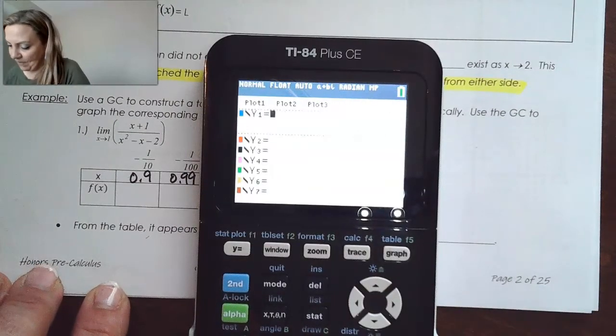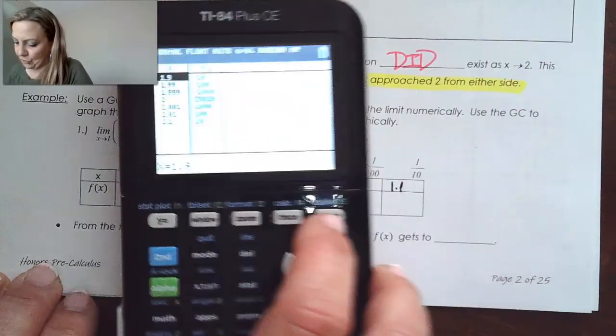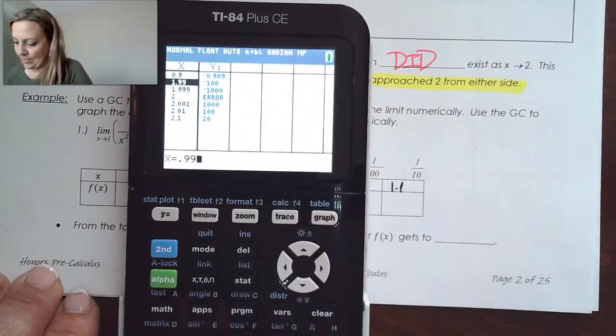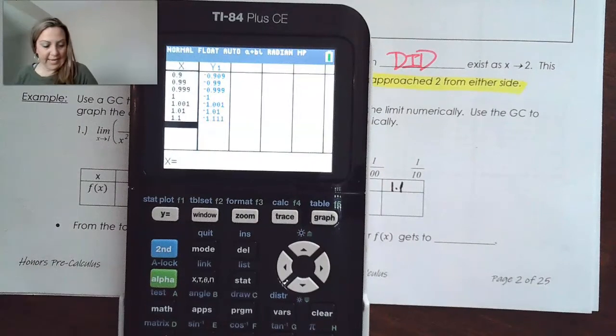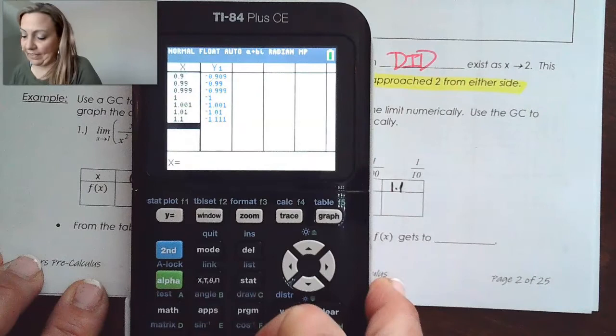So I can change the function in here to x plus 1 over x squared minus x minus 2. And then in my table, I'll just change these values to 0.9, 0.99, etc. Then I'll just fill these values in.